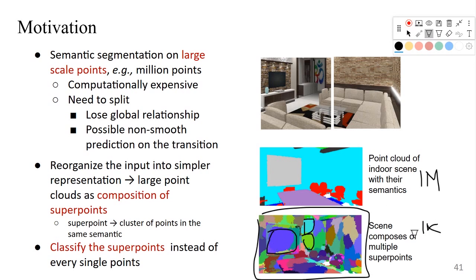To get the feature of each superpoint, we can use a common approach: we take all point features belonging to the same superpoint and apply an aggregation, for example average pooling, to get a single vector with the corresponding embedding dimension. Then we map this vector into a semantic label, which can be voted on by all the semantic labels corresponding to the superpoint.